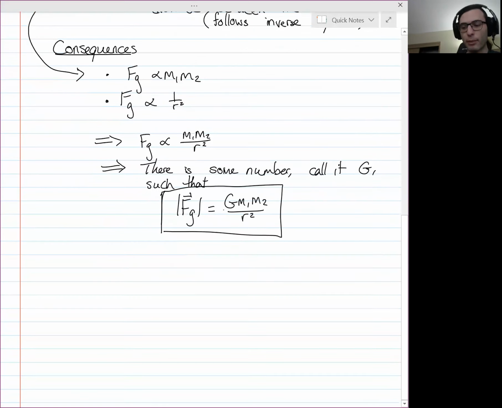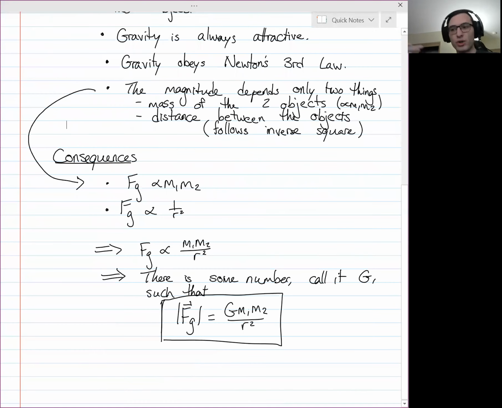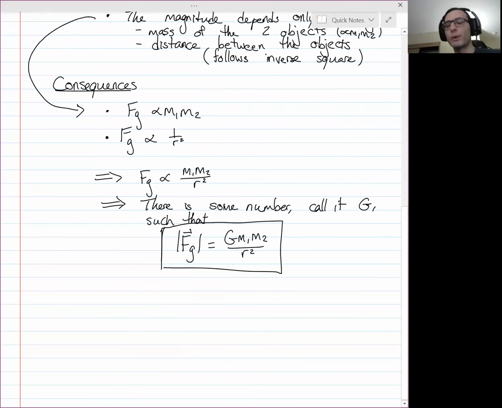Now, this number is a priori not determined. That's something that Newton's law of gravitation doesn't determine. All we have is these relationships. That doesn't tell us what that constant is, but you can determine that constant empirically. You could measure, say, the mass of 2 very large, heavy lead balls, and then measure the very, very small gravitational force between them.